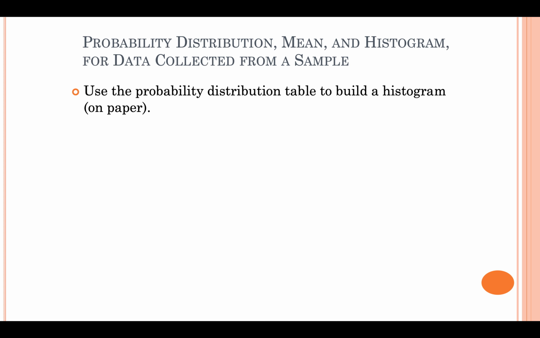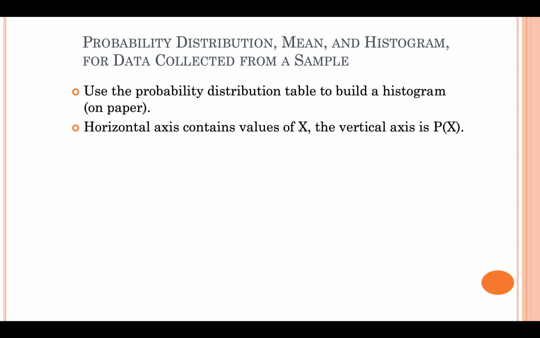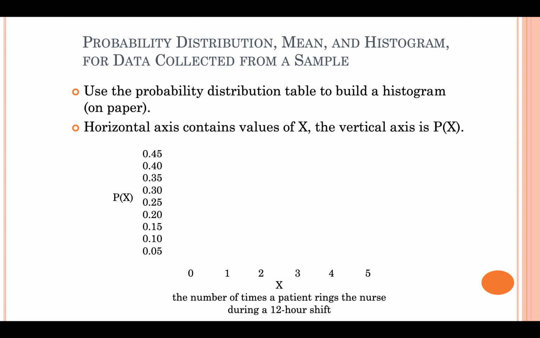So now we want to build our histogram, and this is going to be done on paper. You make your 2 axes, your horizontal axis that goes from 0 to 5, where X represents the number of times a patient rings the nurse during a 12-hour period, and your probabilities on the vertical. I labeled these from 0.05 to 0.45.